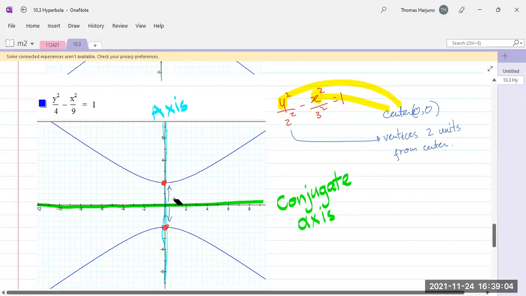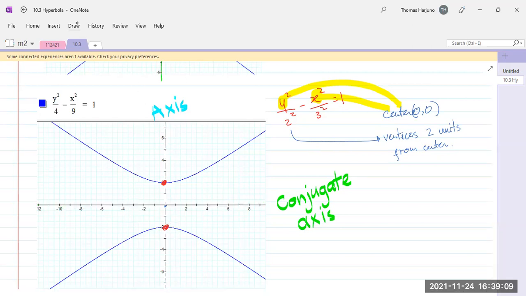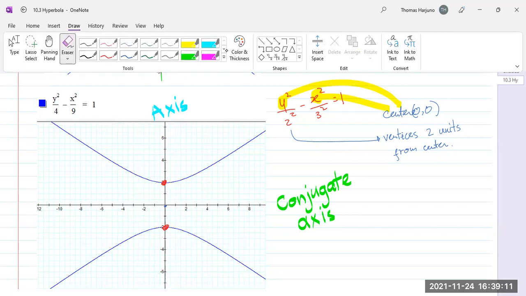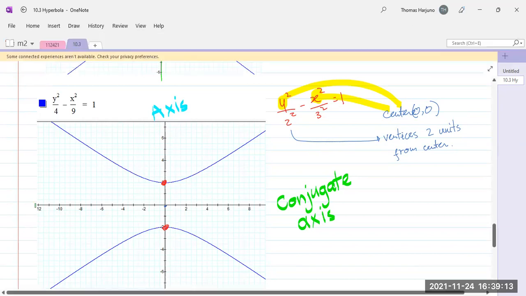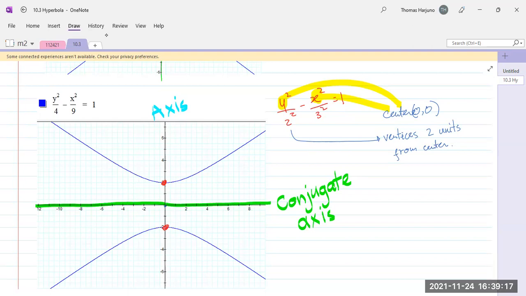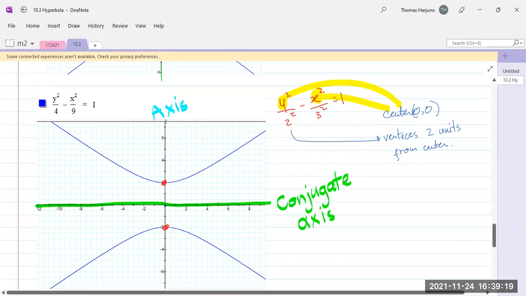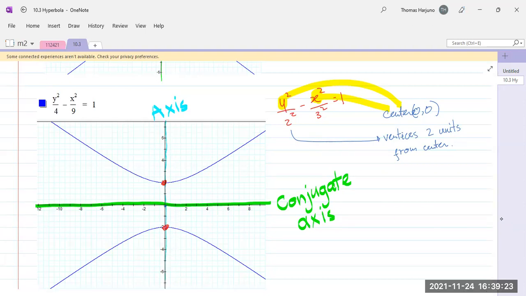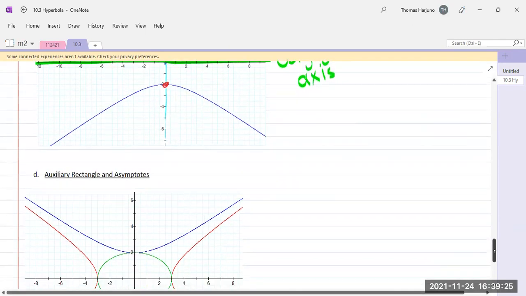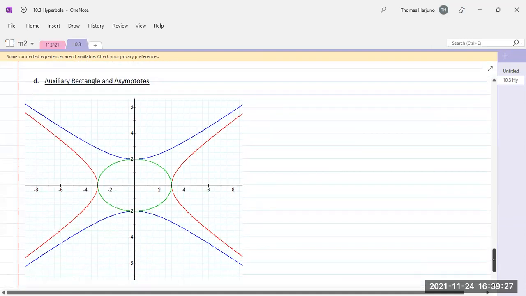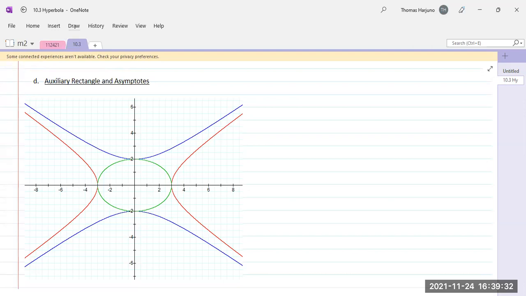Now, let's put more things together. Let me redraw this. So this is our conjugate axis, and this is our transverse axis, or simply axis. Let's look back.